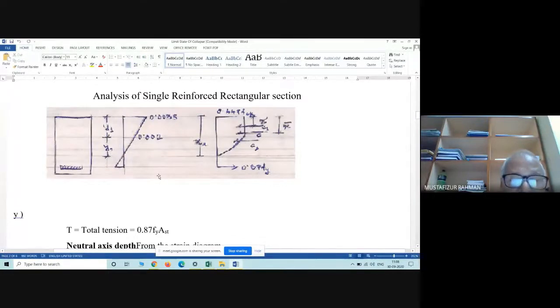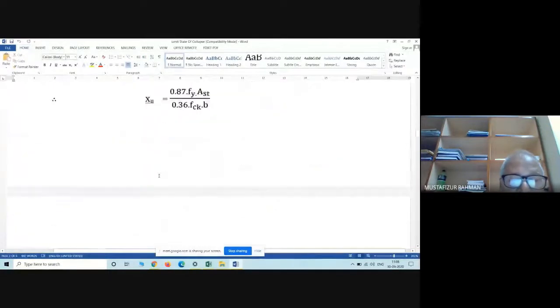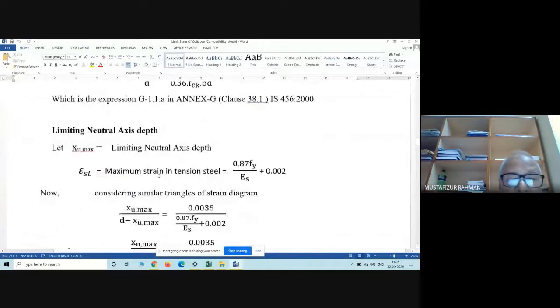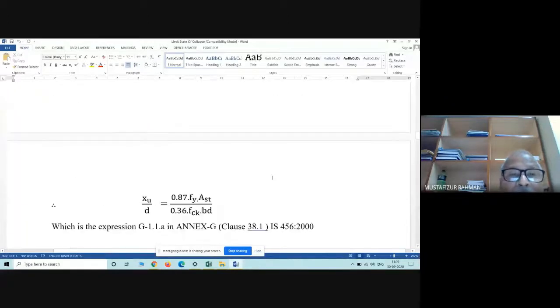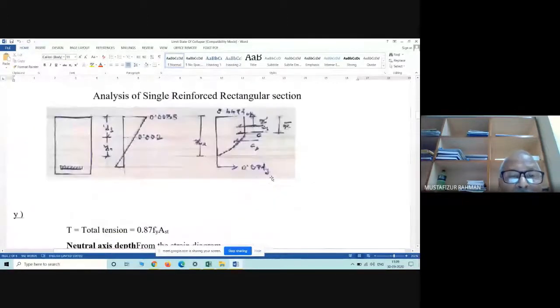Now see here, what I have written here. xu maximum by d minus xu maximum. So this is your xu maximum, right? And from the extreme compression surface to the center of the steel is d.